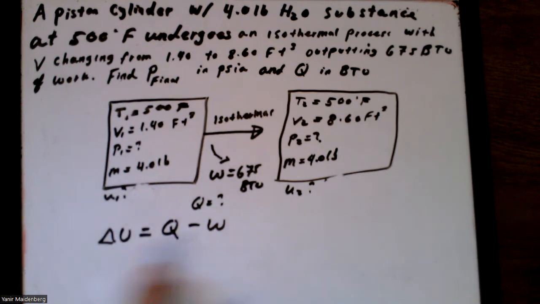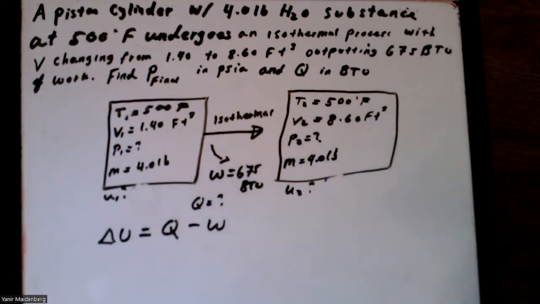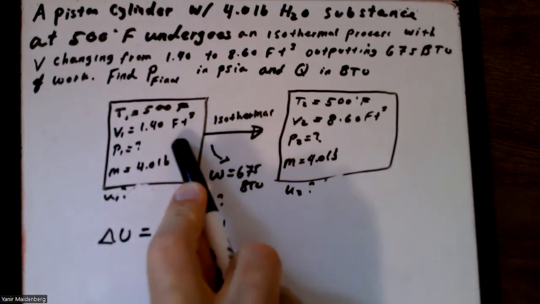Then if I have delta U and W, I can find Q. Perfect. I am also asked for this pressure. It won't help us in the calculation of Q, but they're asking for it, so we can give it to them. So what that means is I'm going to have to go to the table to find U here.